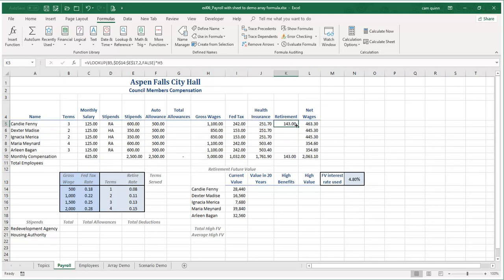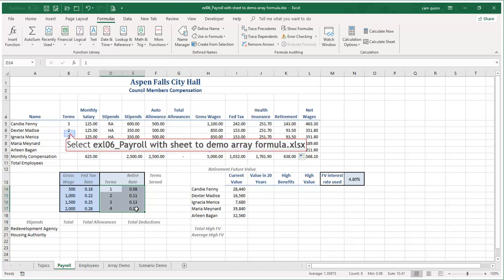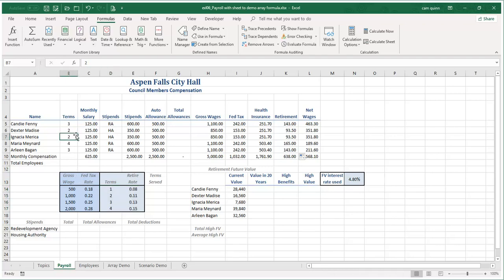So let's talk a bit about why you need an exact match. In this case, the retirement rates are based on 1, 2, 3, and 4 terms. Now what would happen if I had somebody who had actually done 5 terms? I'm going to select one of these and change it to a 5. Well, if they had 5 terms, we don't have a retirement rate for them.